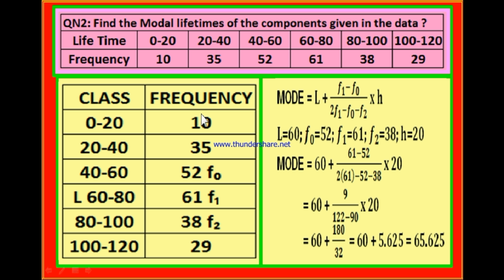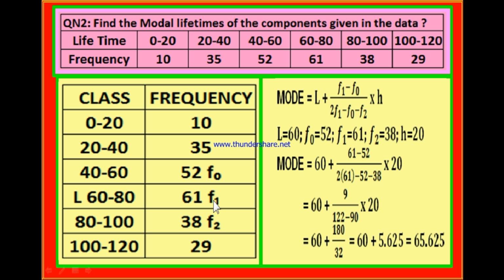Understood, dear children? You see, finding mode is very easy. You need not construct any more columns. You need not add frequencies also. You pick up the highest frequency, name it as F1. Pick up the frequency above F1, name it as F0. And pick up the frequency below F1, name it as F2. You see, 0, 1, 2, they are in order F0, F1, F2. Understood?